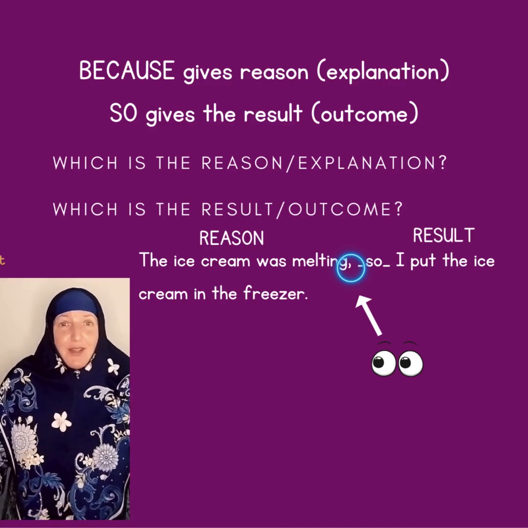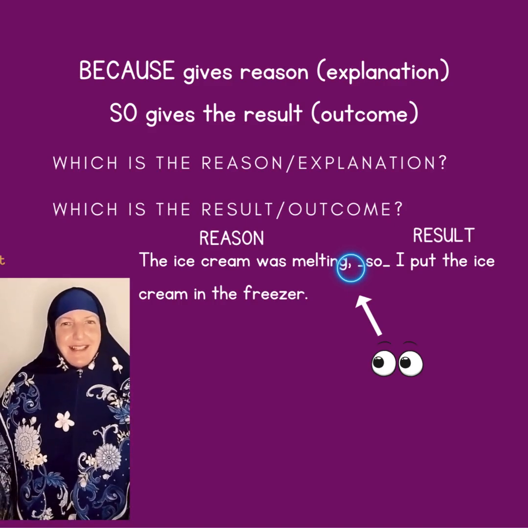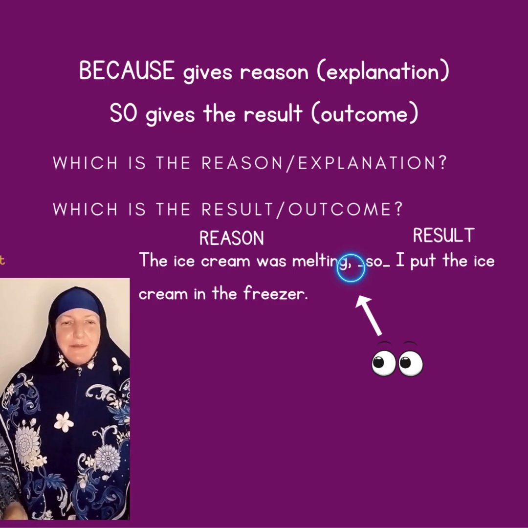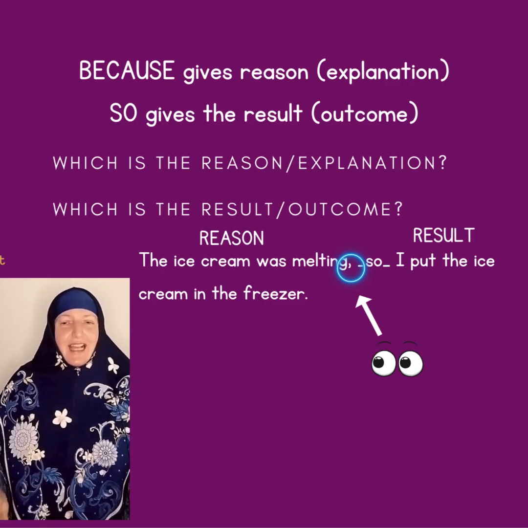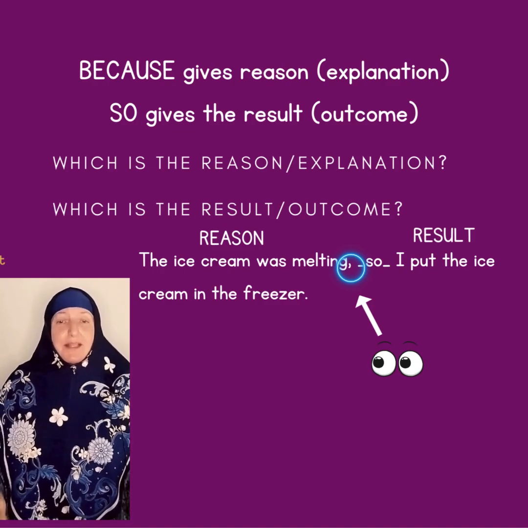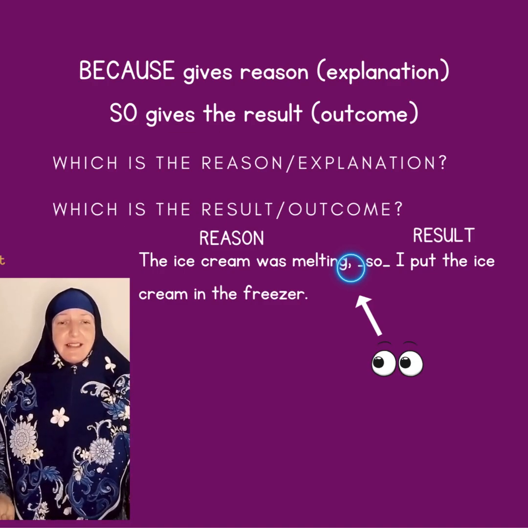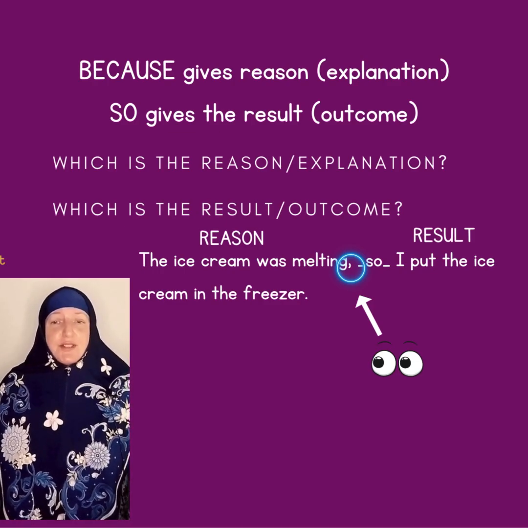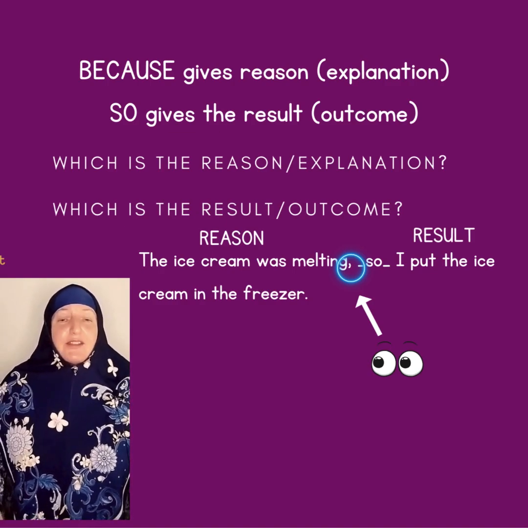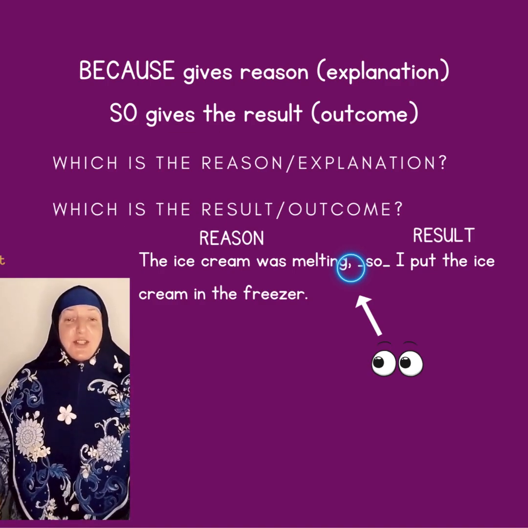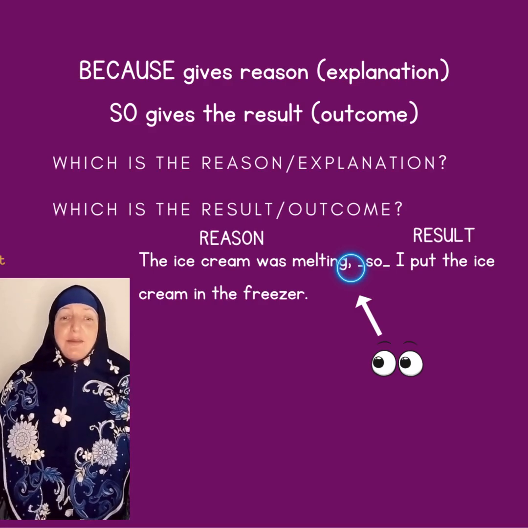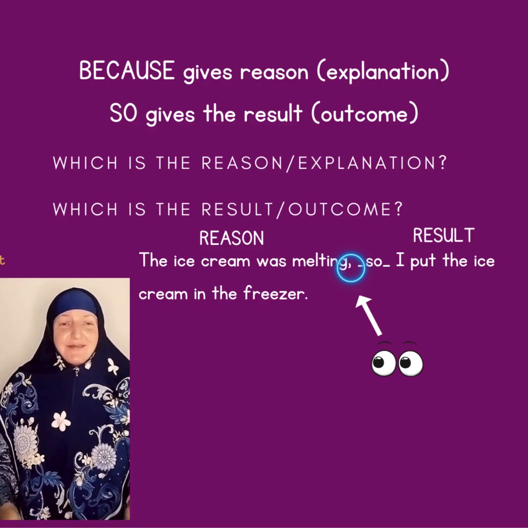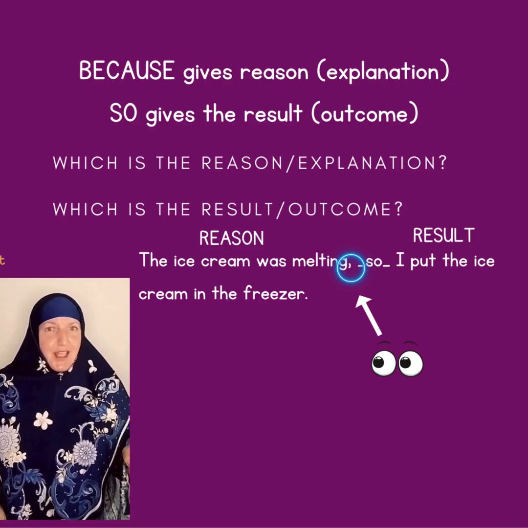It was out of the freezer. But that's not my sentence. This sentence, the ice cream was melting, must be the reason. When the reason comes first, I use so. The ice cream was melting, so I put the ice cream in the freezer. Also, notice the comma.